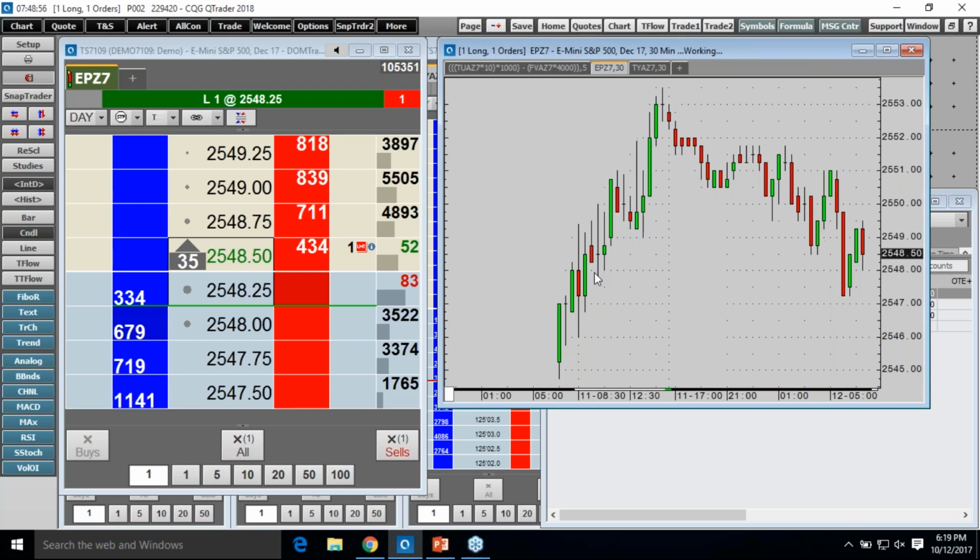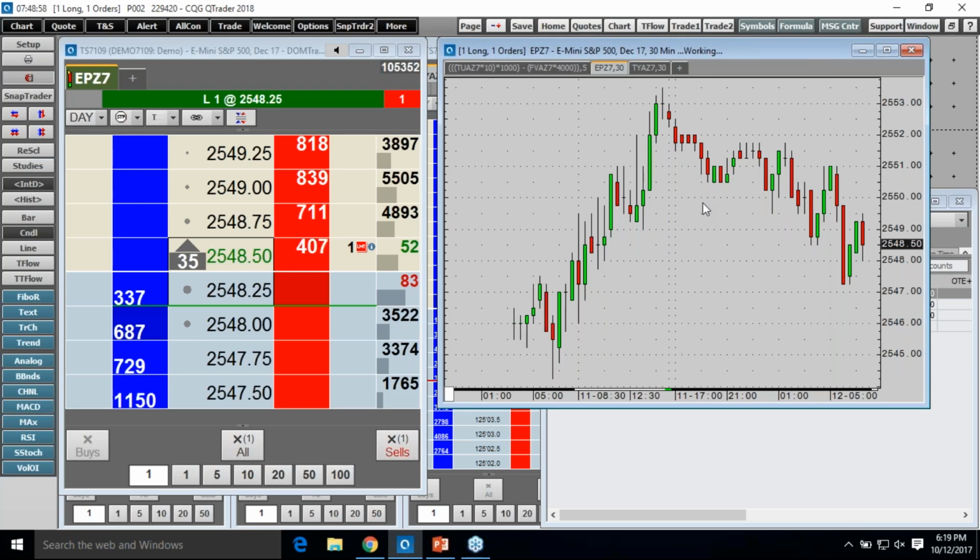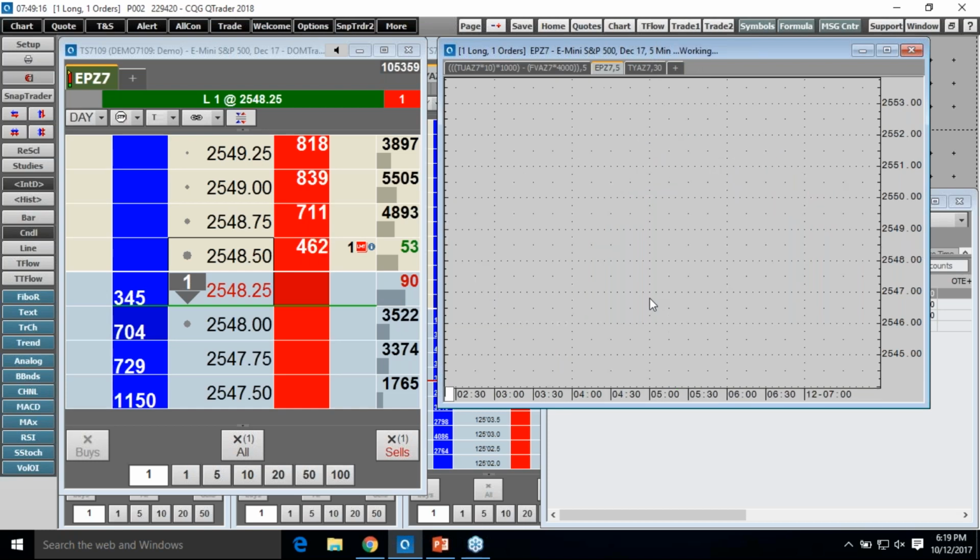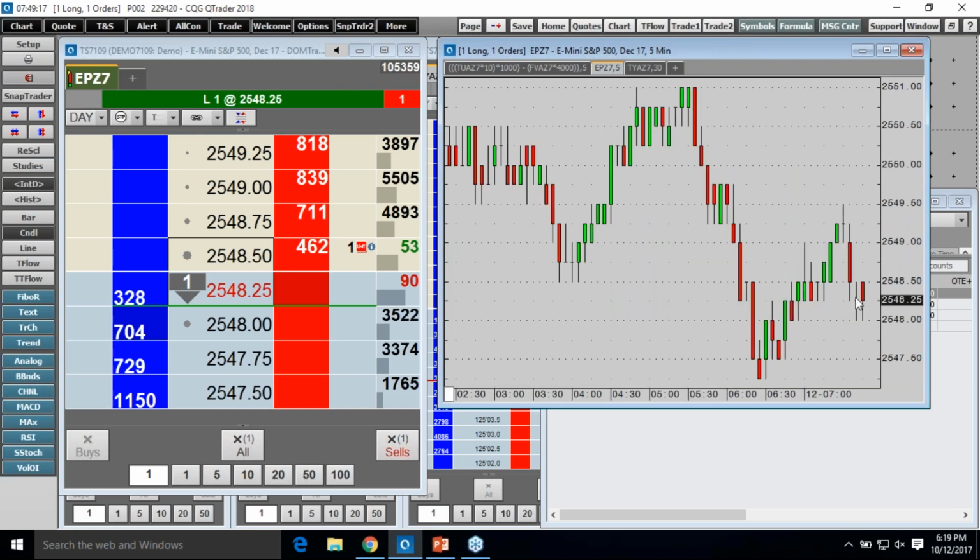So it's still not moving much, still pretty much there. And as you can see, the markets are ticking down a little bit, but not really going anywhere. I'm going to change this time frame to 5. I'm currently on an E-mini S&P 500 30 minutes. If I enter 5 and press enter, the chart gets changed into a 5 minute.